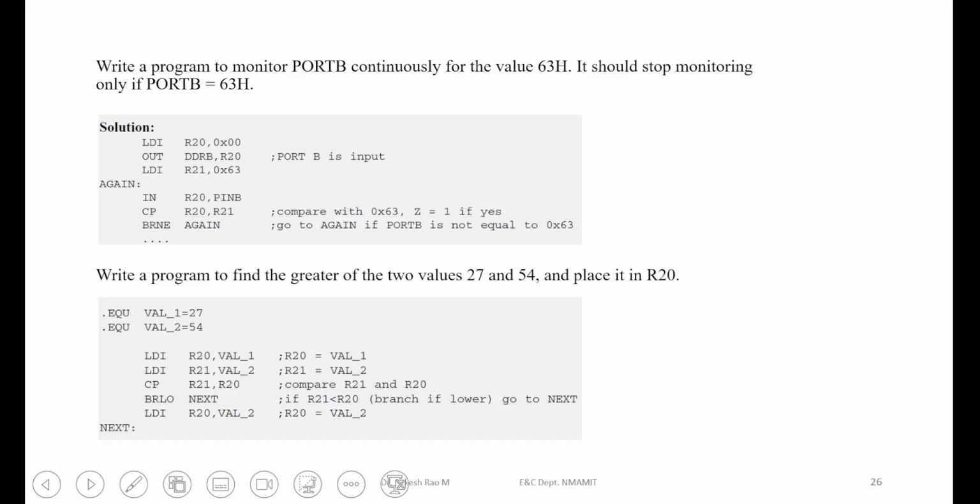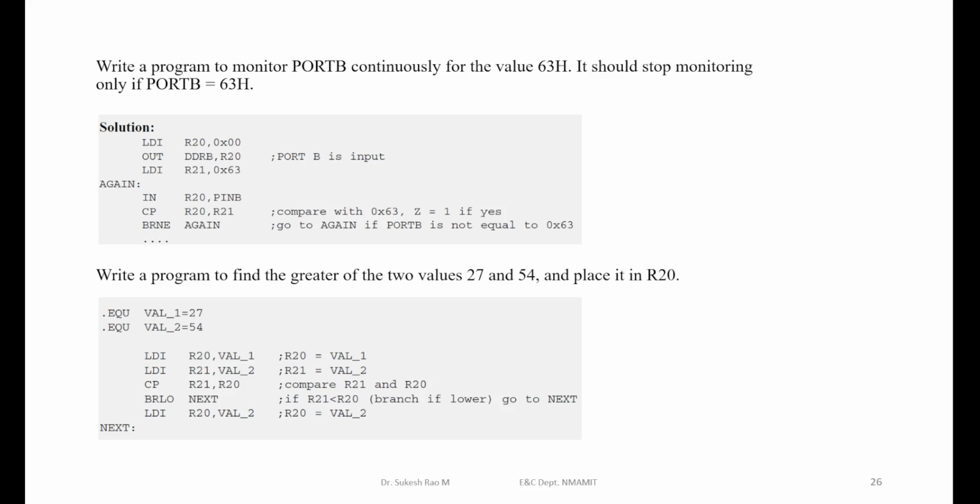So here is a simple program. Write a program to monitor port B continuously for 63H. It should stop monitoring only if port B is 23. So very simple.